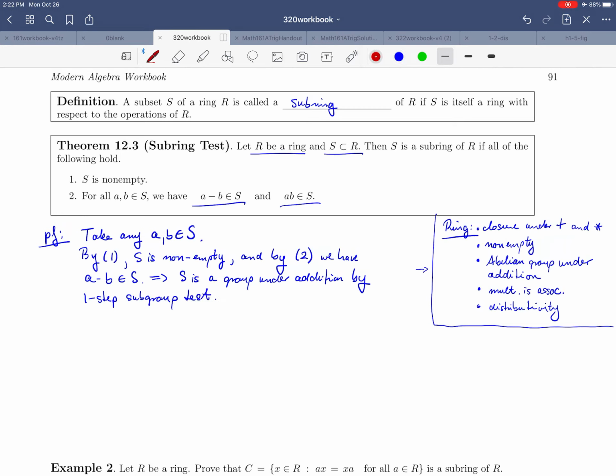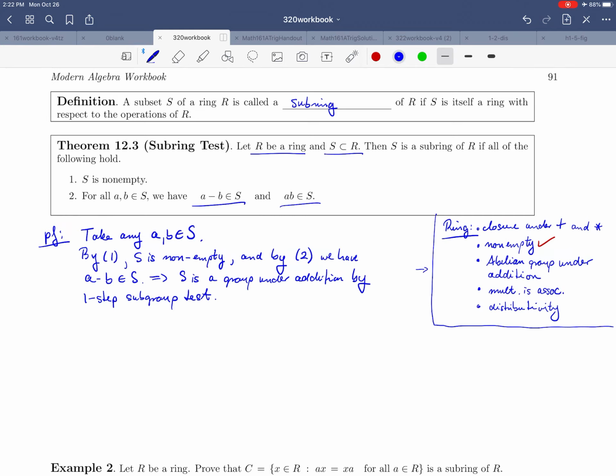So let me check that off. So we have non-empty. We have group under addition. Do we have abelian? Well, yeah, we do have abelian because the abelian part is just inherited from our ring overall.